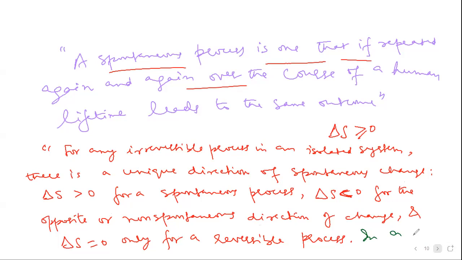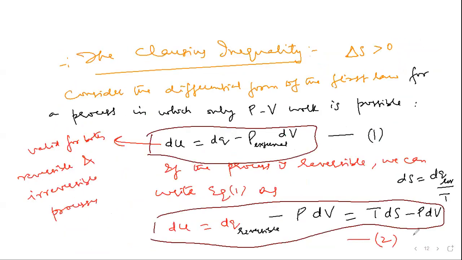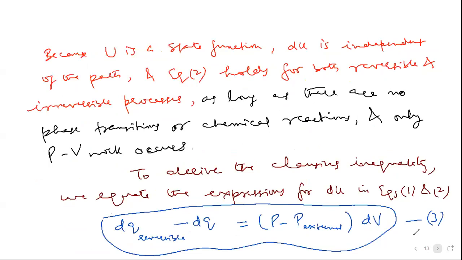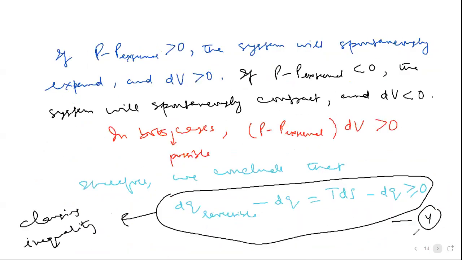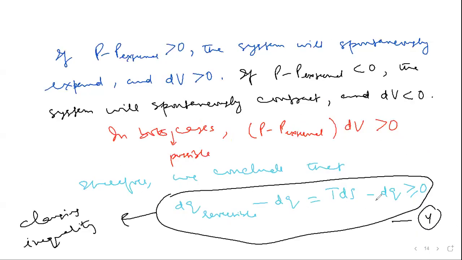Then we talked about the Clausius inequality, and we derived it. The Clausius inequality is in general written as TdS minus dq is greater than or equal to 0, or you can write TdS is greater than or equal to dq.